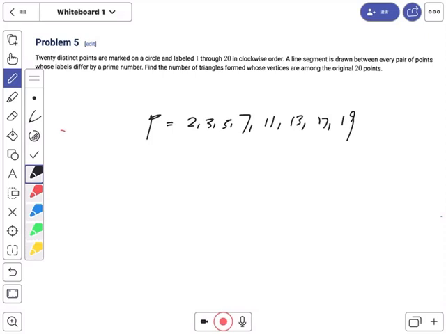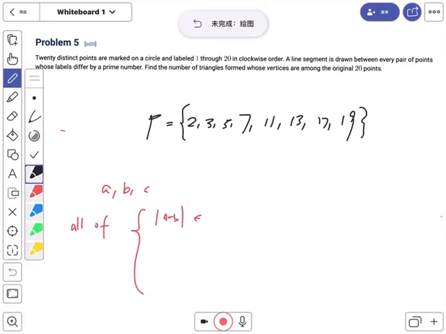Now let's say a triangle is formed by connecting 3 endpoints, we call them A, B, C. Let's call this set P. Then first we want the absolute value of A minus B to be in P, and likewise for the other pairs.